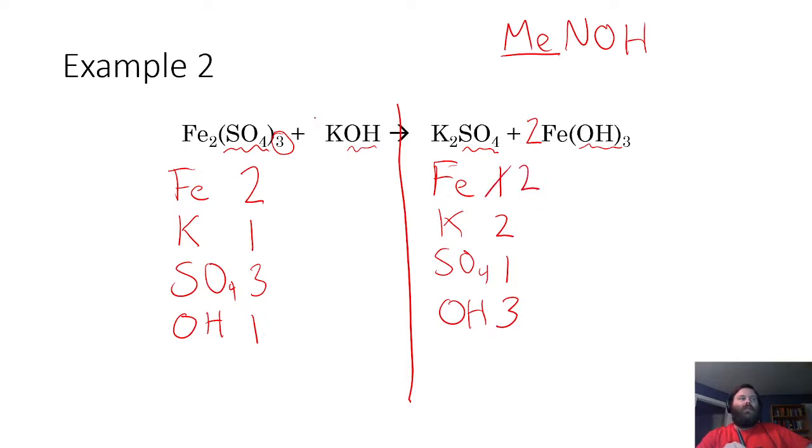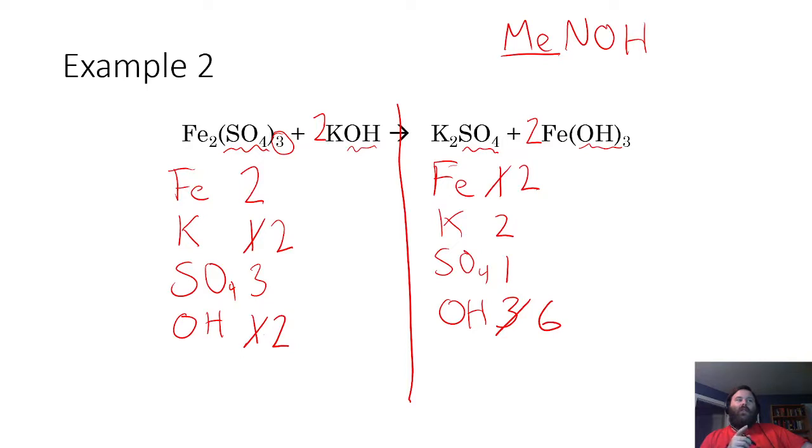And if we put a 2 out front here, we will fix our potassiums. Okay, but we're not done, because putting those 2's out front has changed the number of hydroxides in this equation, right? Over here, there are now 2 hydroxides, and over here, there are now 6 hydroxides.